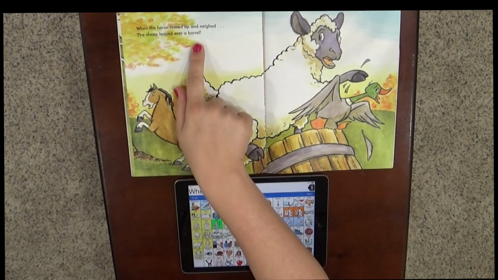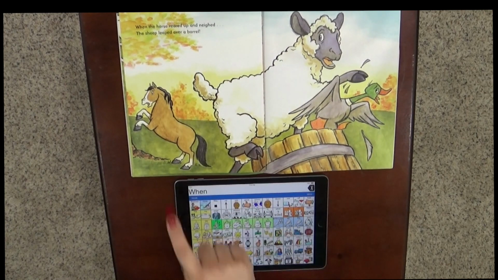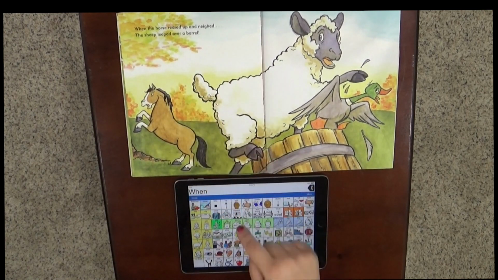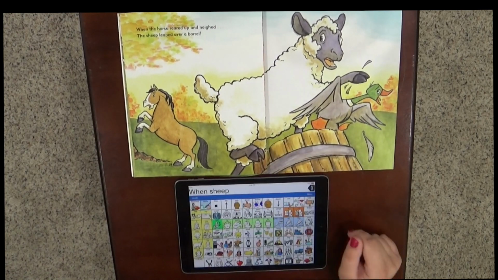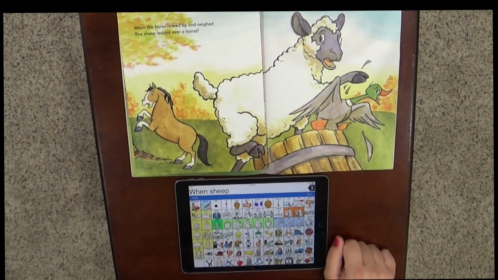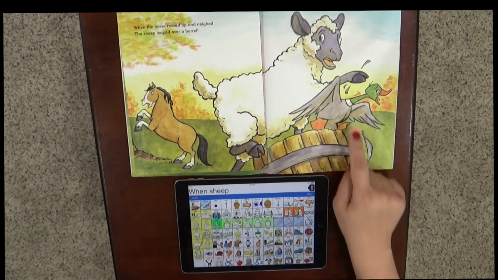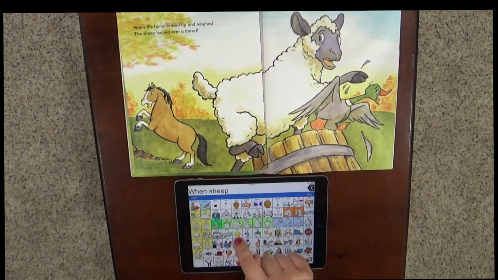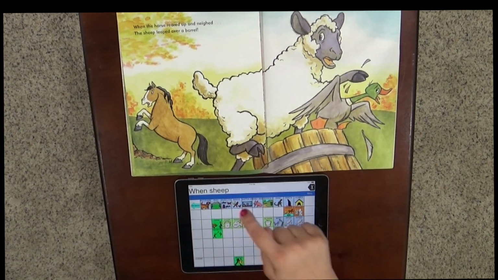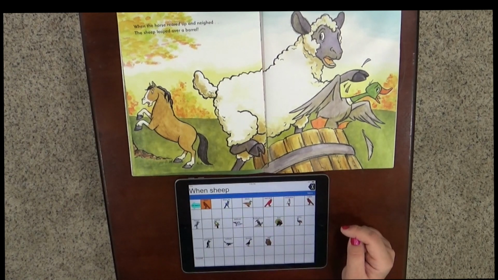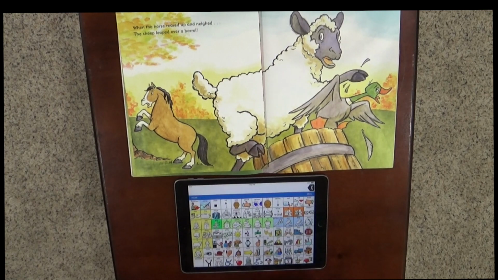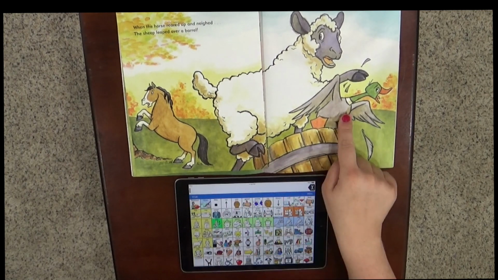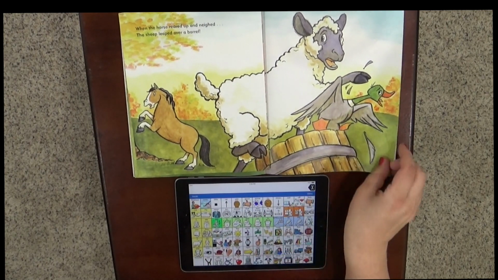When the horse reared up and neighed, the sheep, look at that sheep, it leaped over the barrel. I see a duck. I wonder, what is the duck gonna do?